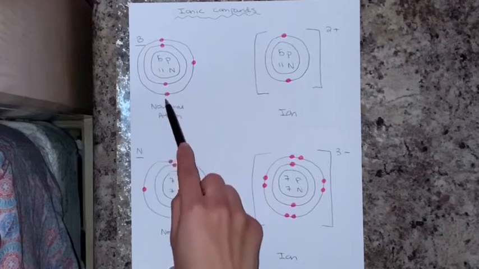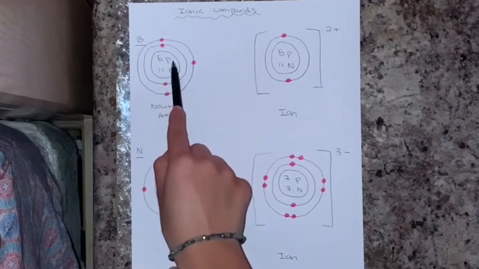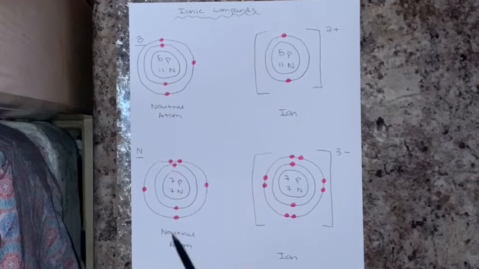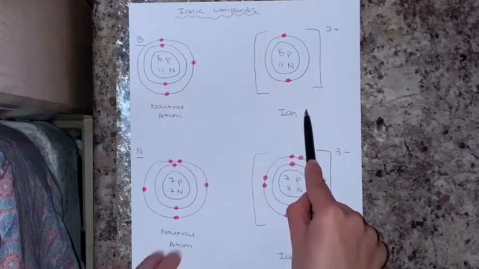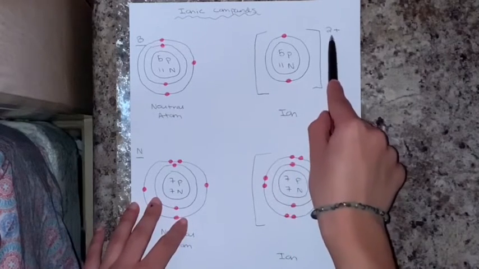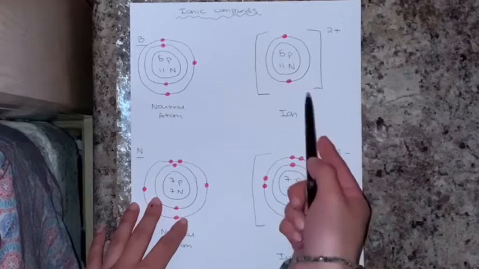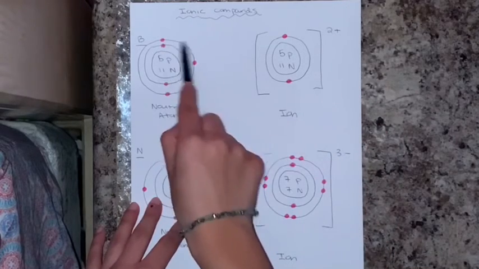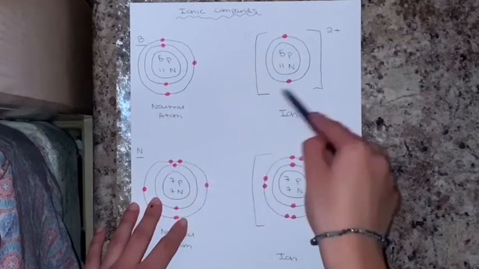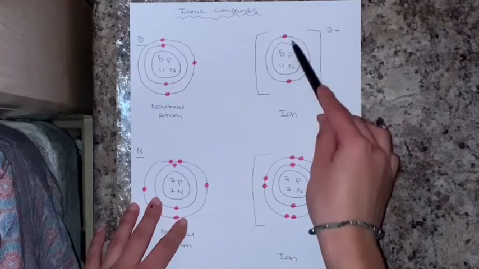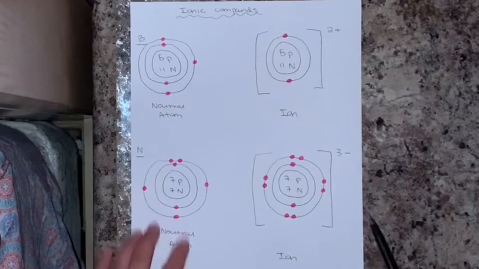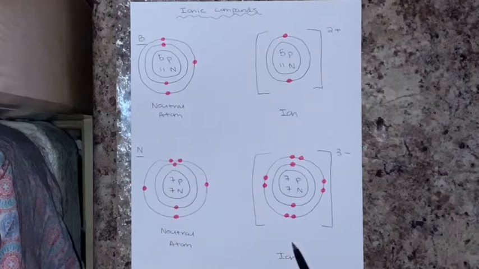So for our second example of ionic compounds, we're looking at boron and nitrogen. So here we have boron's neutral atom. We have nitrogen's neutral atom. And here we have boron's ion, and it has a charge of +3. And we got +3 by getting rid of the valence electrons in order to complete the octet rule.